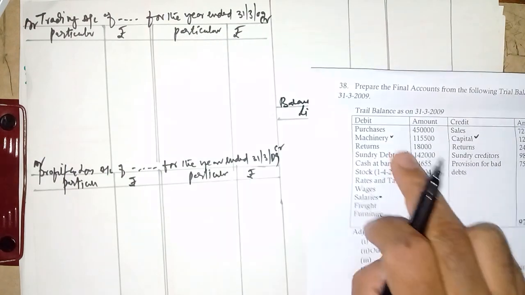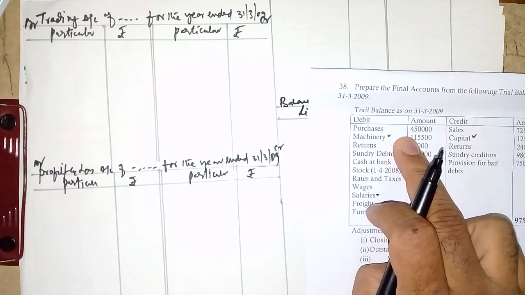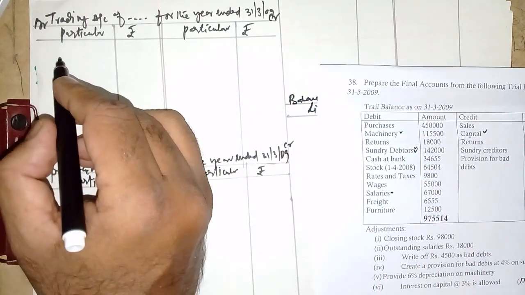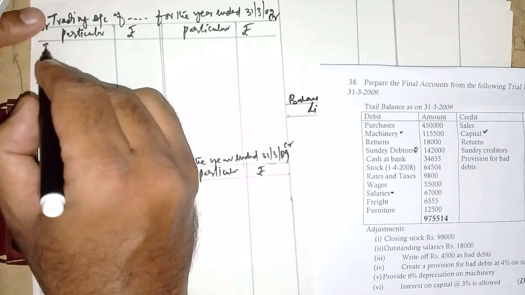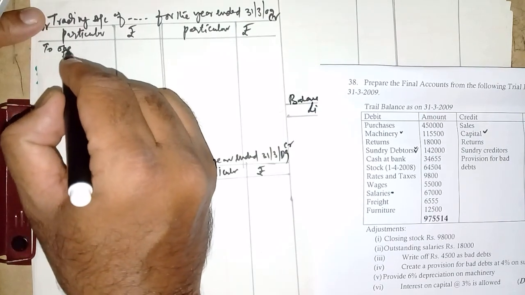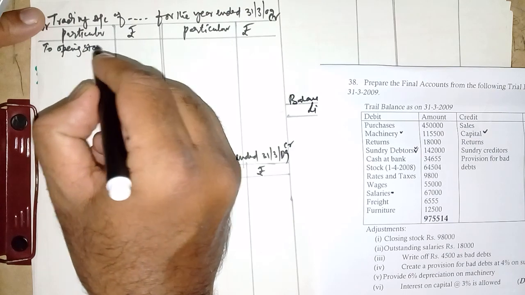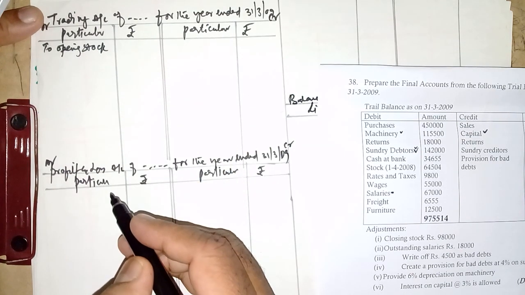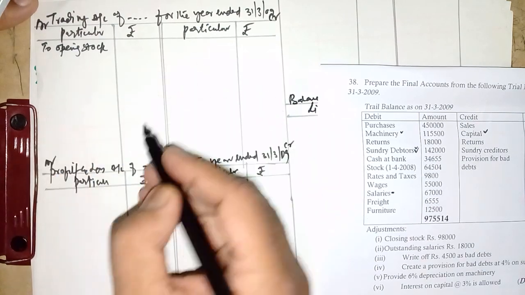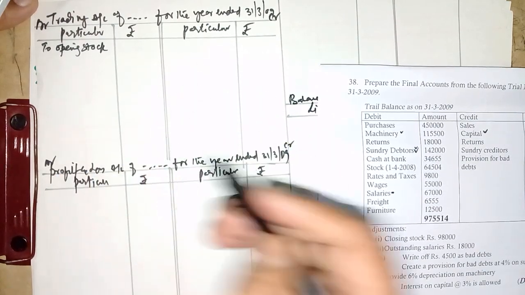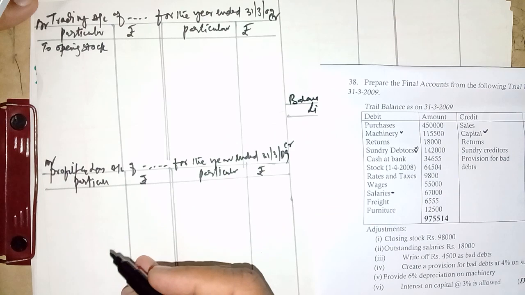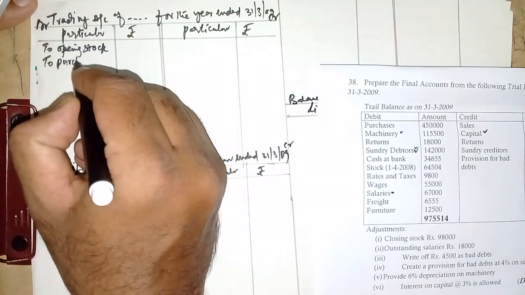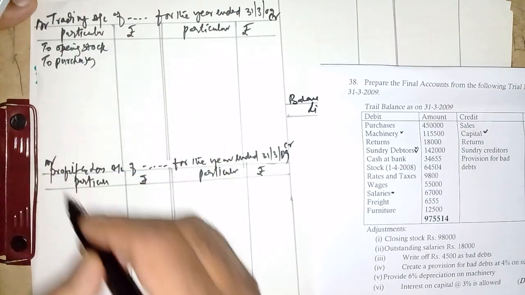Now, the first item, purchases. Purchases is a trading account item, so it is recorded in the trading account. First we need to write opening stock. It will always be there. If it is not there, just put opening stock and leave it blank. Whenever that item comes, we will incorporate it. Next to that, purchases.